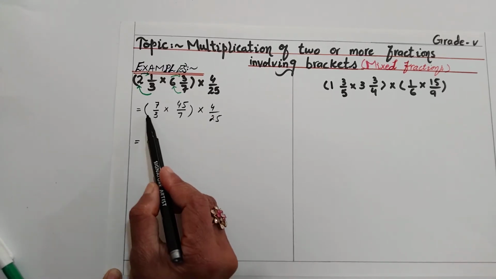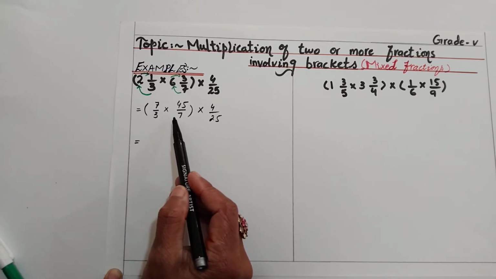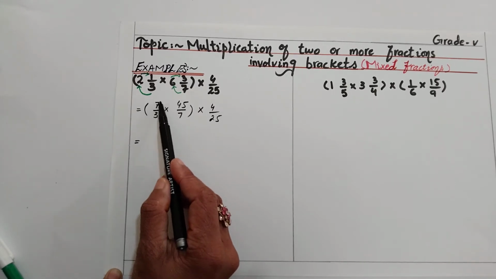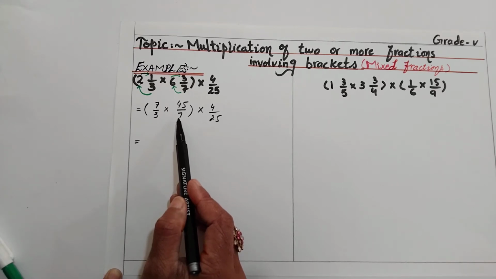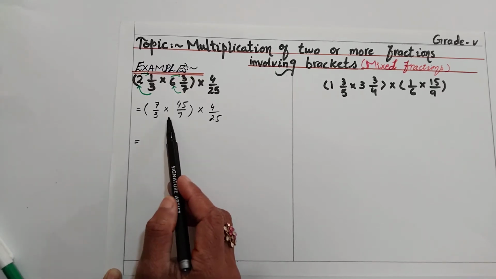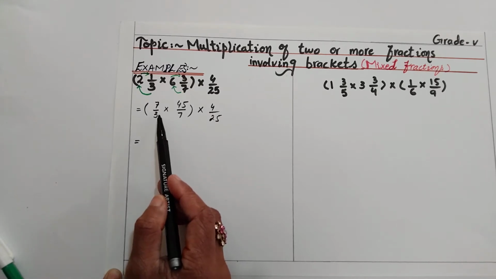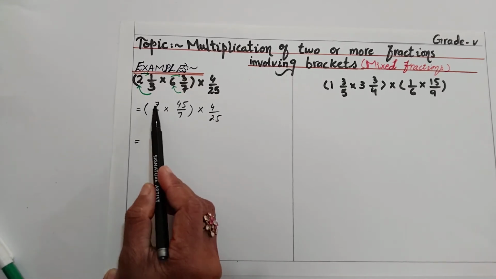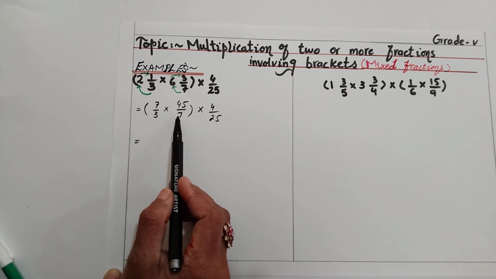When we solve the fractions inside the bracket, we multiply the numerator by the numerator and denominator by the denominator. But if there is any possibility of cancellation, meaning you have any common factor, then you can simplify the fractions inside the brackets.